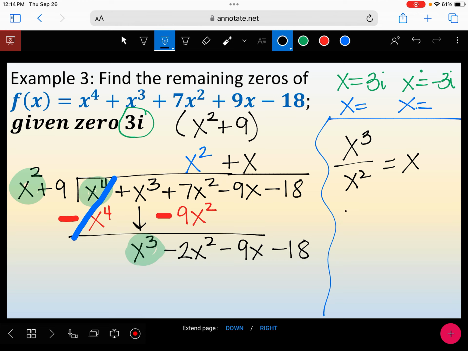And then take that x. Every time you put something on the roof, we have to multiply it by what's in front. So we're going to distribute. And that's going to give us x to the power of 3 plus 9x. So we're going to slide that over.